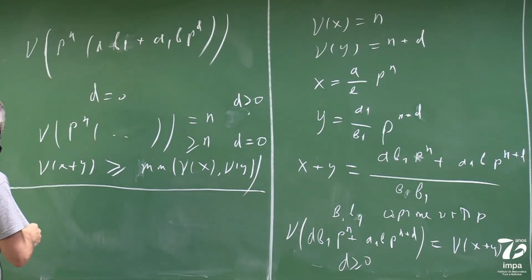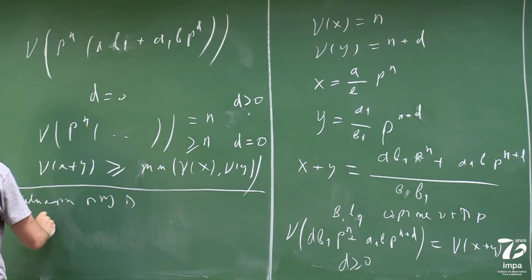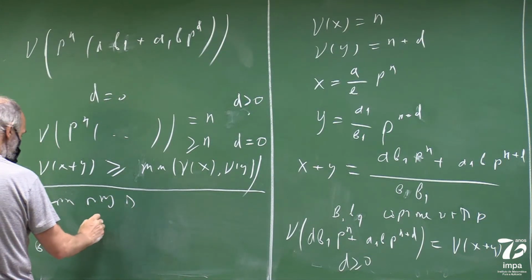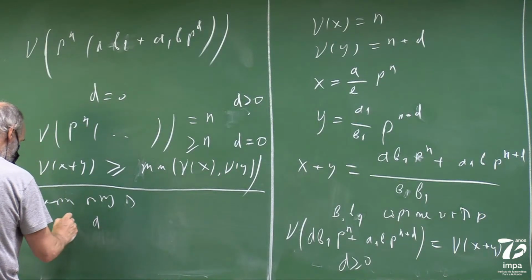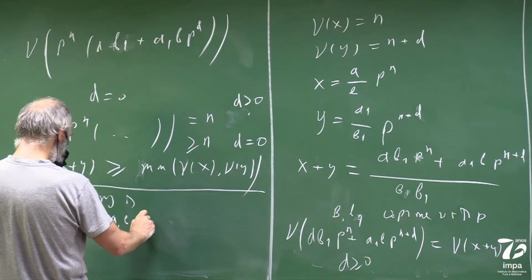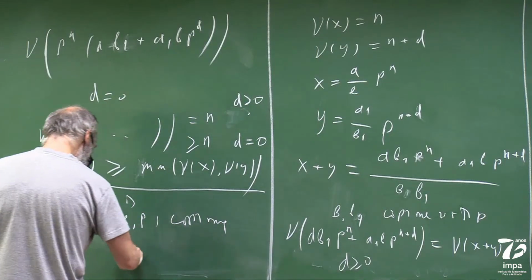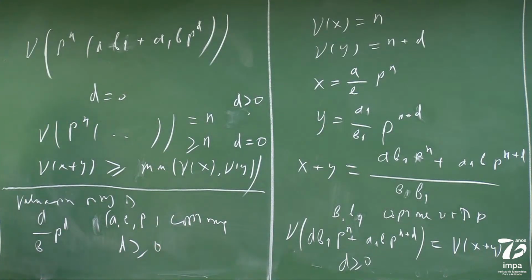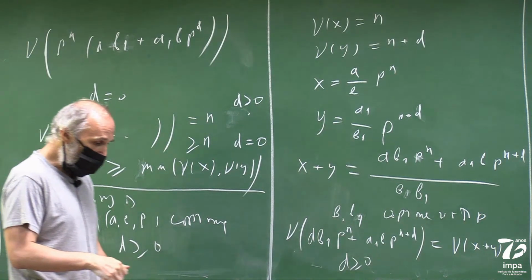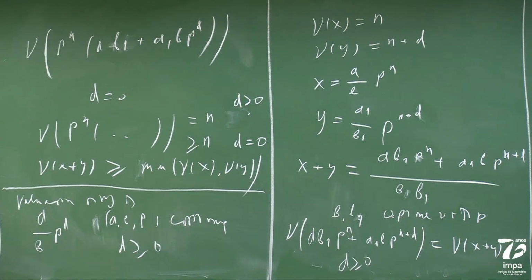And then the corresponding valuation ring is a divided by b times p to the d, where a, b, p are coprime and d non-negative. So this means that you invert all elements of R which are not divisible by p.